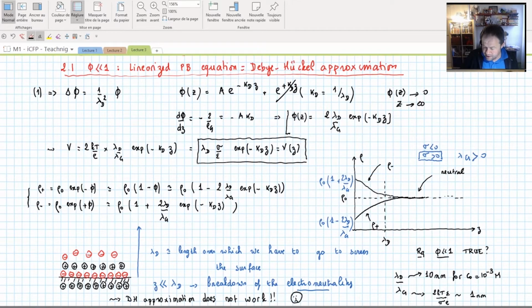And this makes me really unhappy, because then we will have to deal with the nonlinear Poisson-Boltzmann equation.